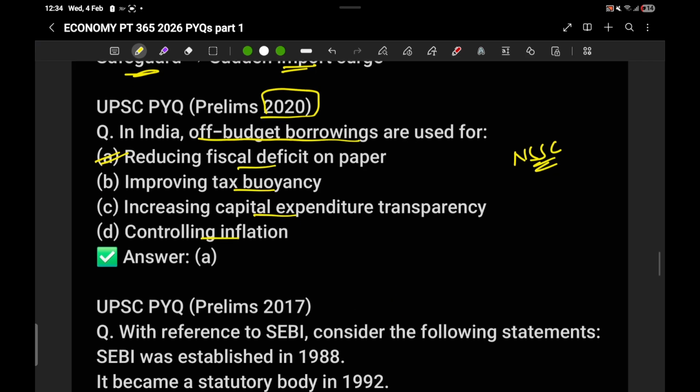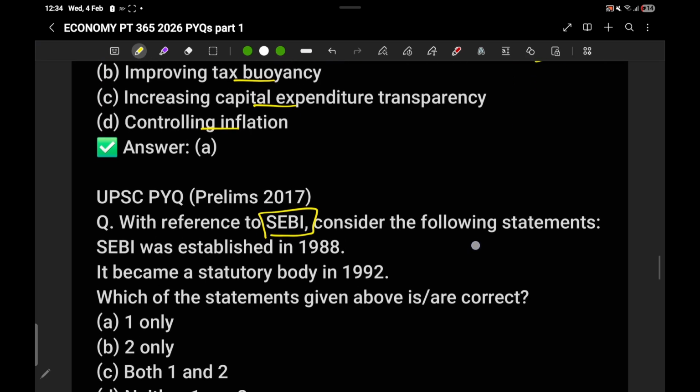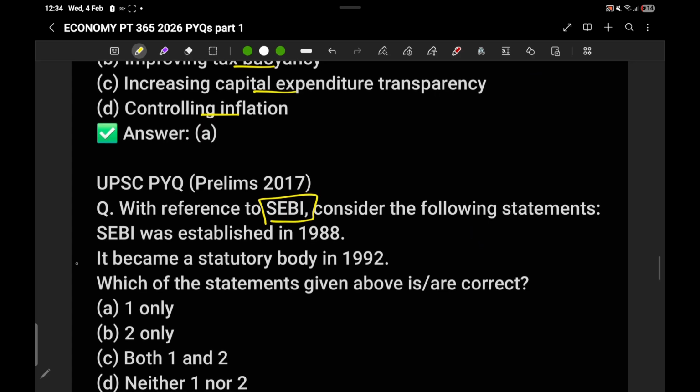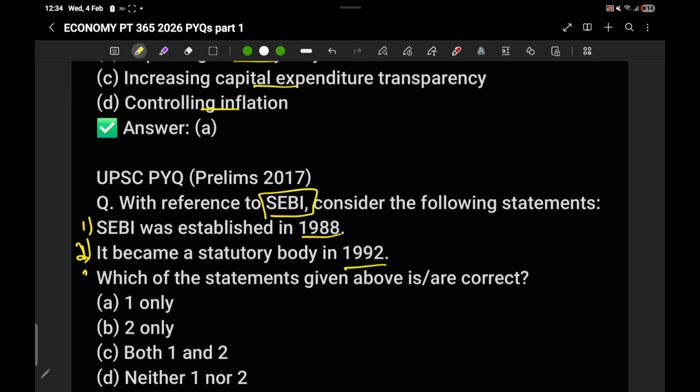So the next question is on SEBI, which was asked in 2017. Okay, so SEBI was established in 1988. It became a statutory body in 1992. Simple. So take a pause.